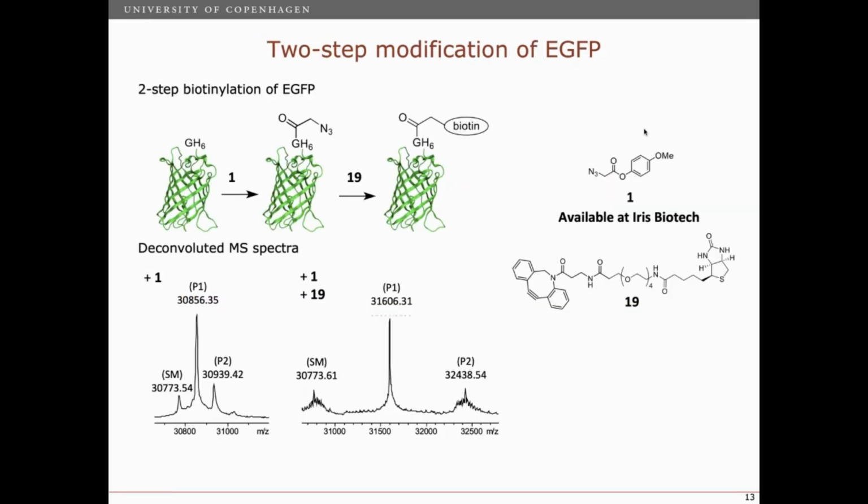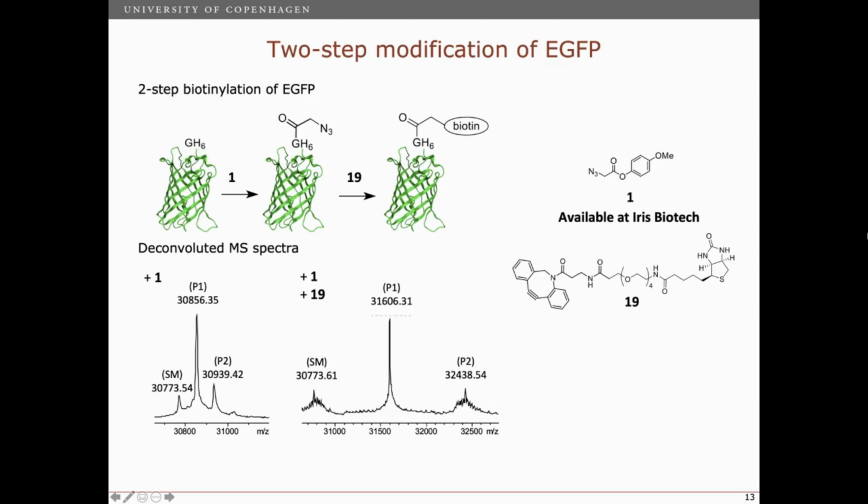Good. So does this work on proteins? And here we collaborated with Sanish Roffelin, who is now at DTU and who we continue to collaborate with. And she expressed a GFP variant with this N-terminal His-tag, so glycine and 6 histidines.